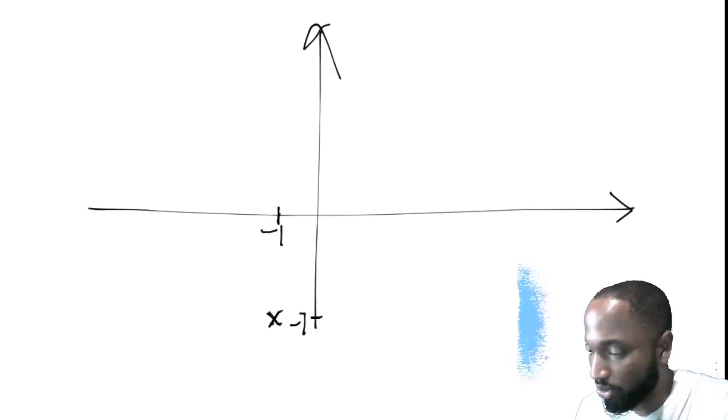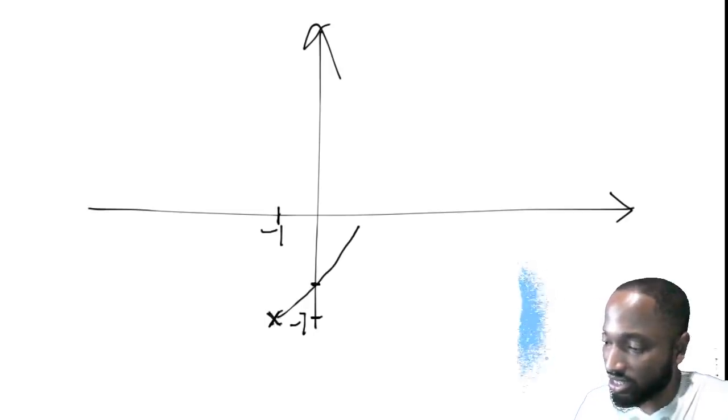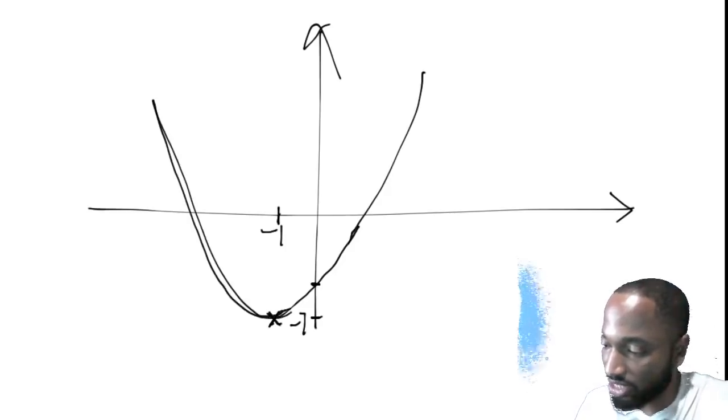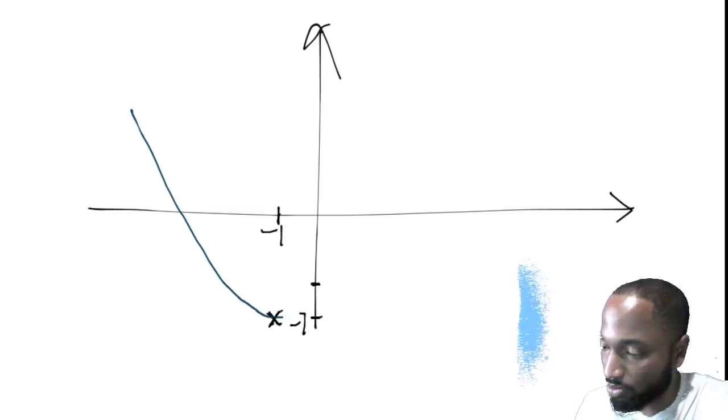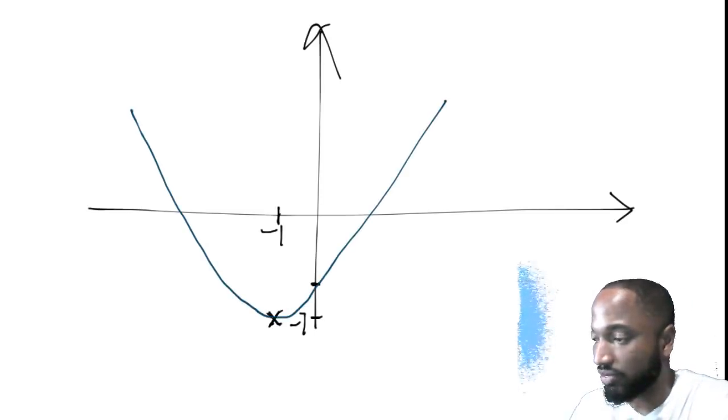This is the minimum point. Negative 5 will be here, that's where it cuts the y-axis. They didn't even ask for that. So this is the sketch they're looking for. I'll try my best. Come on, bring out the best sketch in me. That's what they're looking for.